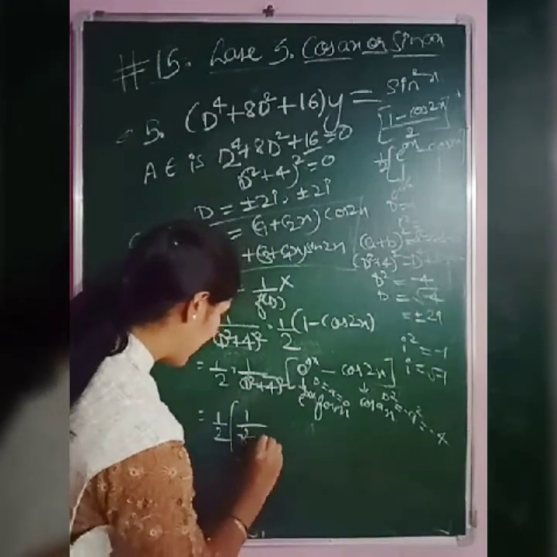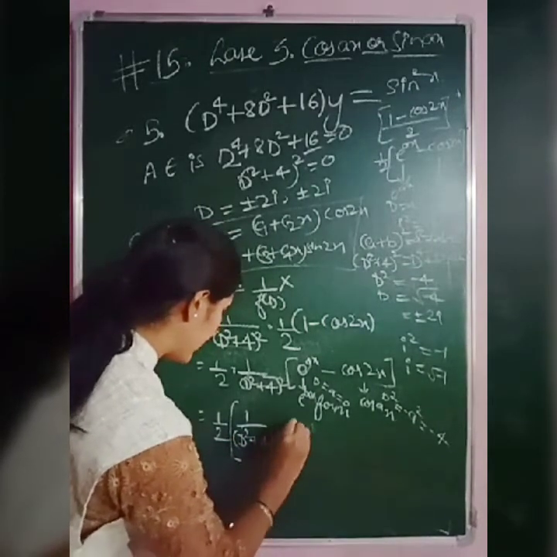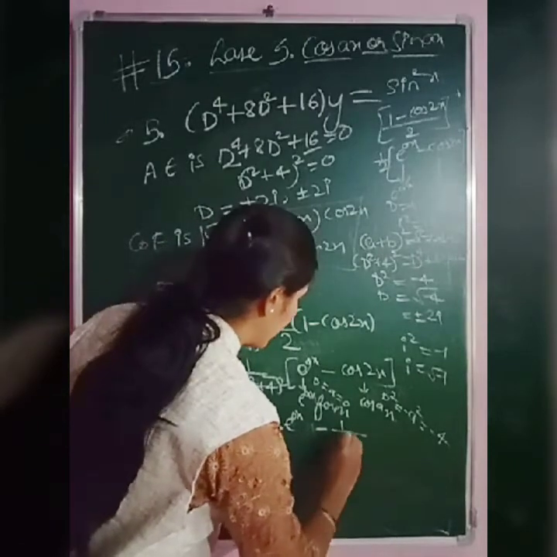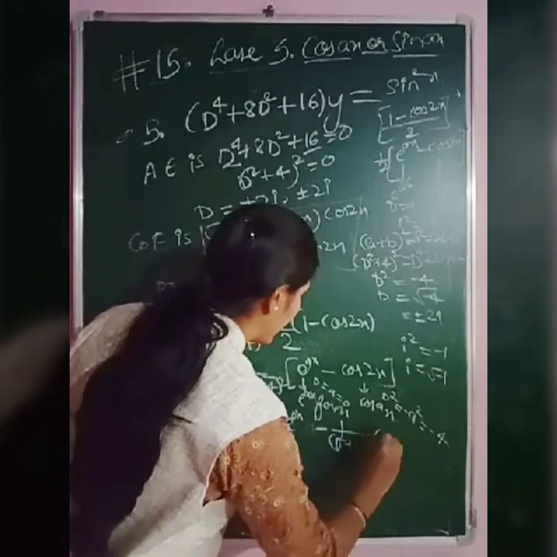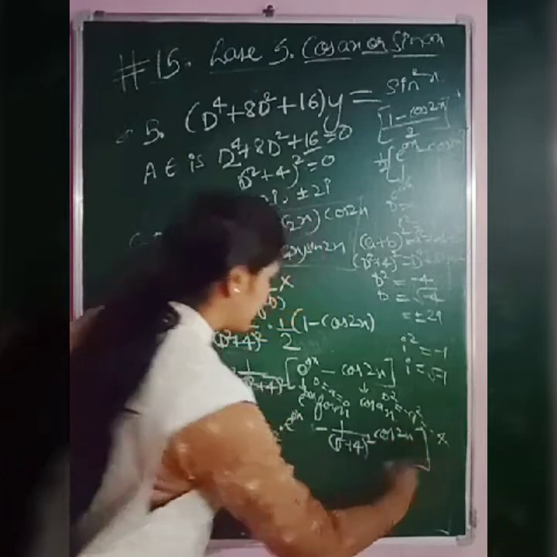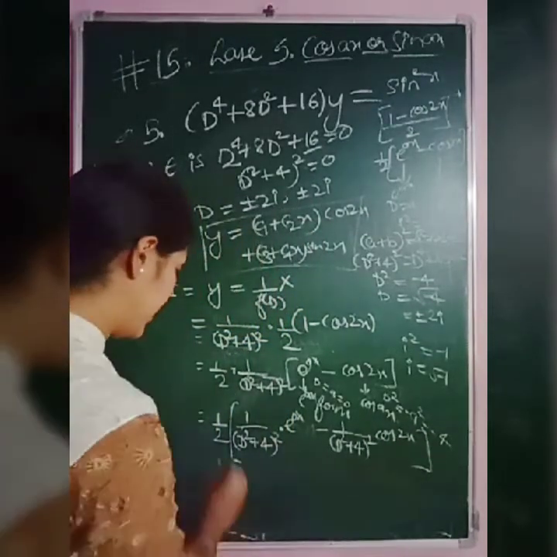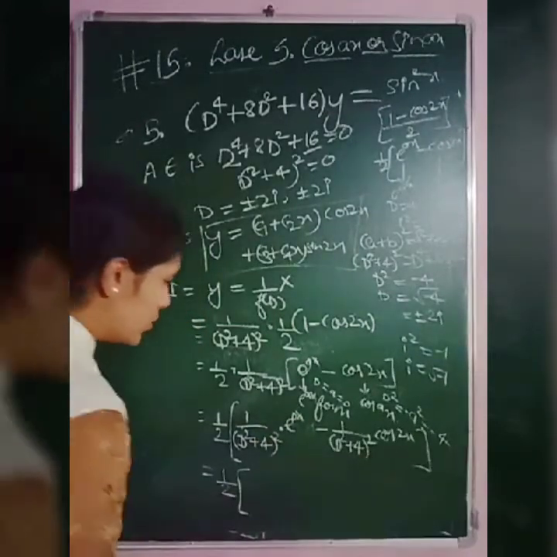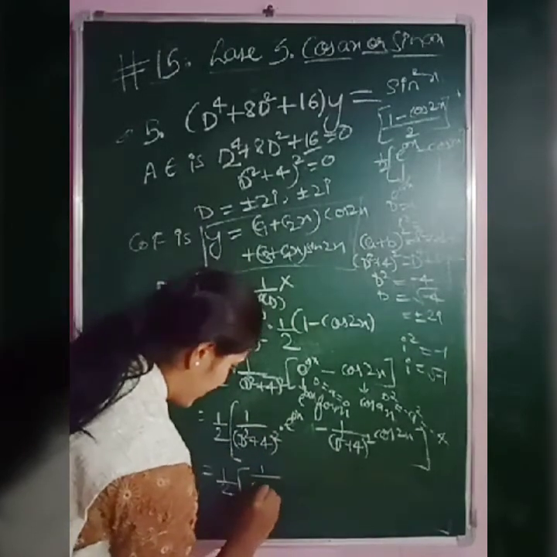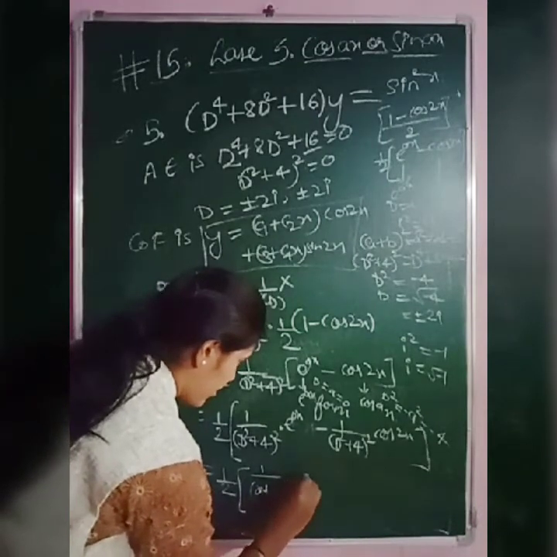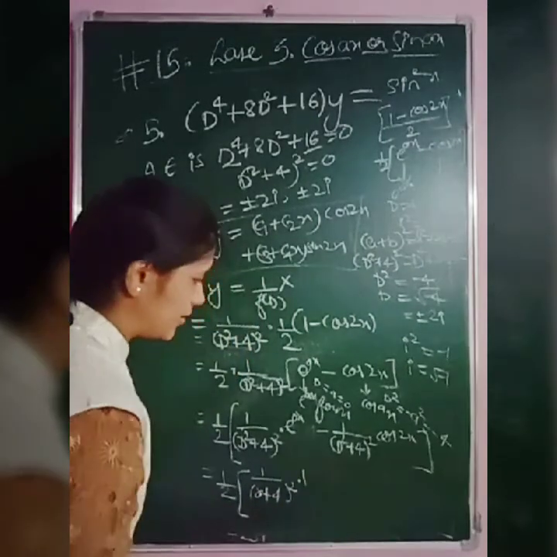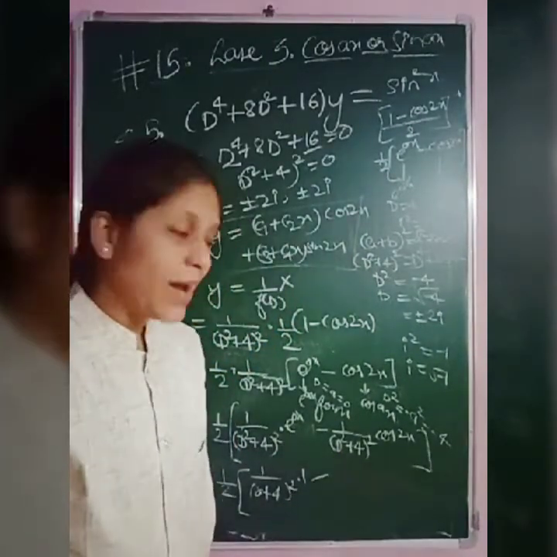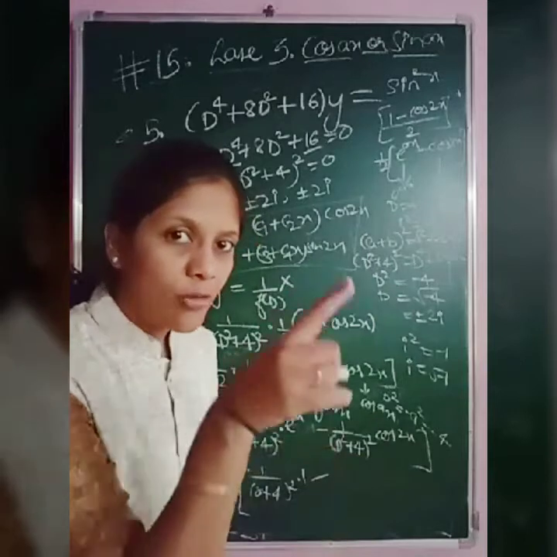1 upon (D square plus 4) whole square e raised to 0x minus 1 upon (D square plus 4) whole square cos 2x. So this is nothing but 1 by 2 outside. D is 0, so 0 plus 4 whole square, e raised to 0x, or you can write 1, minus. Yes. When you are substituting D square as minus 4, what are you getting in the denominator?